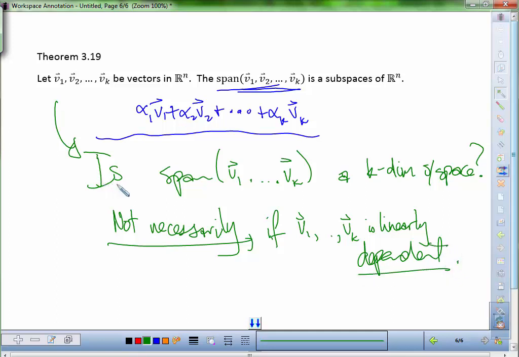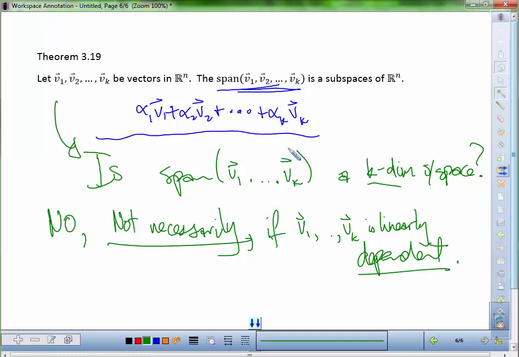So is a span a k-dimensional subspace? The answer is no, not necessarily, and definitely no if the set of vectors is linearly dependent. Then we can eliminate one, maybe two of these vectors, and it would be a smaller dimension than originally thought.